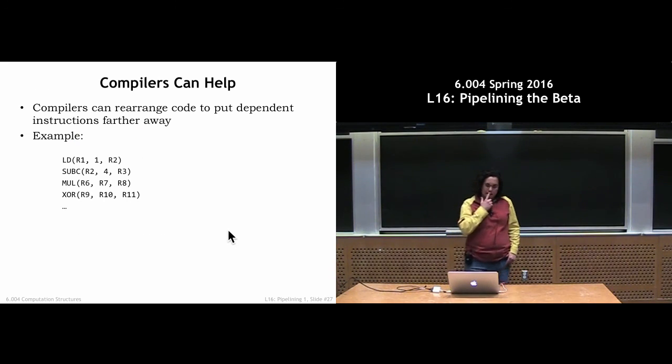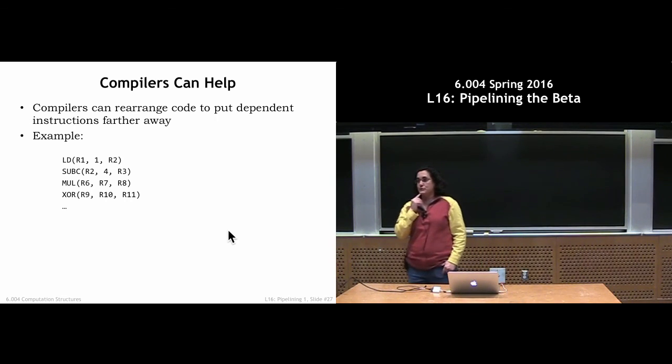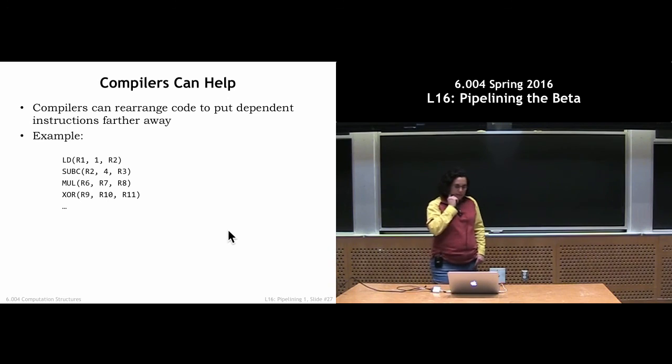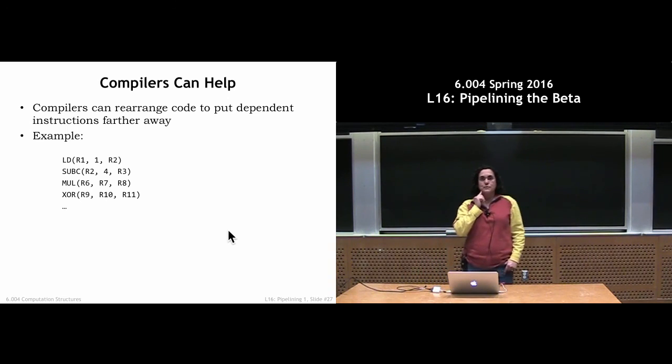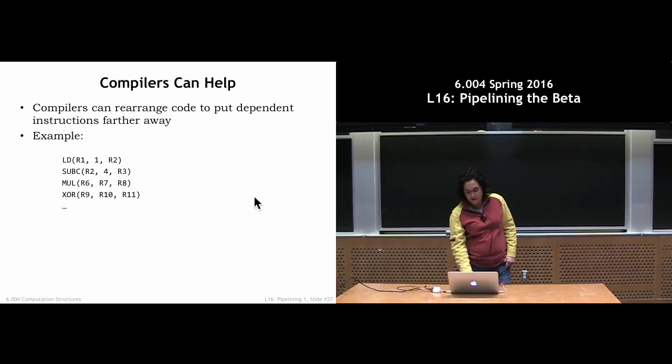Okay, now, so far we've talked about what it is that our hardware can do to deal with these kinds of hazards. But can we do anything in software? And the answer to that is yes. Suppose that I look at this sequence of instructions here, once again, and my load is trying to write to register R2, my subtract is trying to read from register R2.